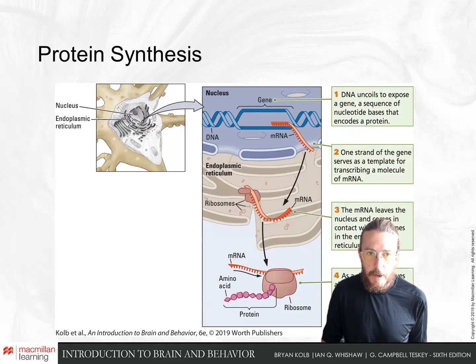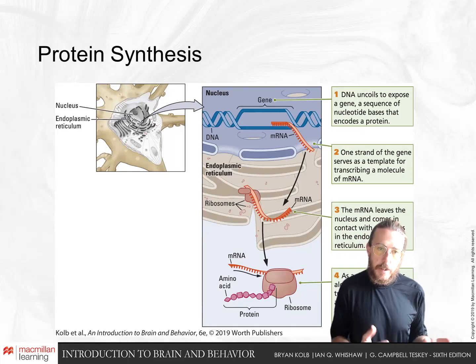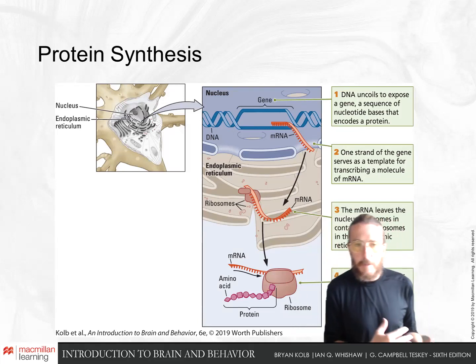And this is called mRNA, messenger RNA. And this messenger RNA then travels from the nucleus into the endoplasmic reticulum. And this is the blueprint for how to create the protein.